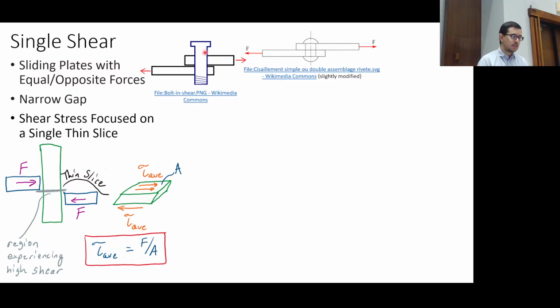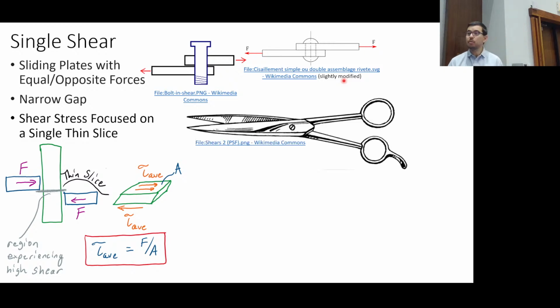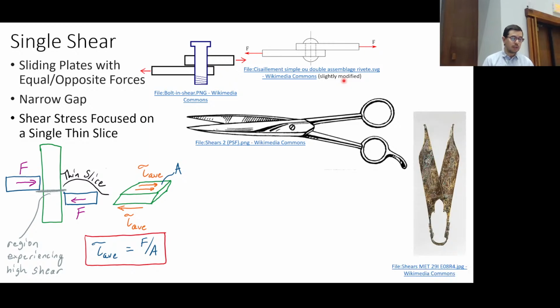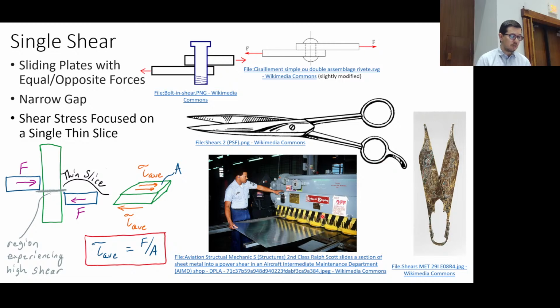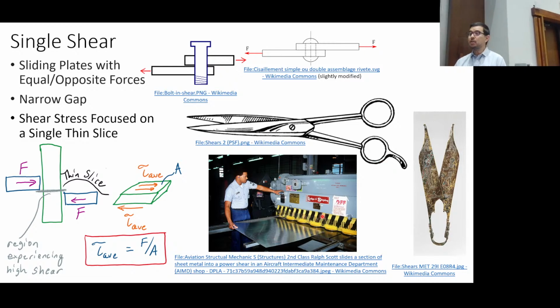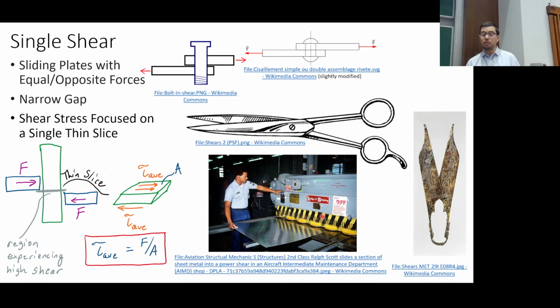This pin or this bolt has a couple of plates that could shear it, and we have also another type of pin configuration where you have two plates that are pulling a pin apart, or you could have as well scissors. We talked about that, or an ancient form of shears. I'm not quite sure what they did with these. Maybe they had their sheep. And of course industrial processes, or even just machine shop processes for shearing metal.